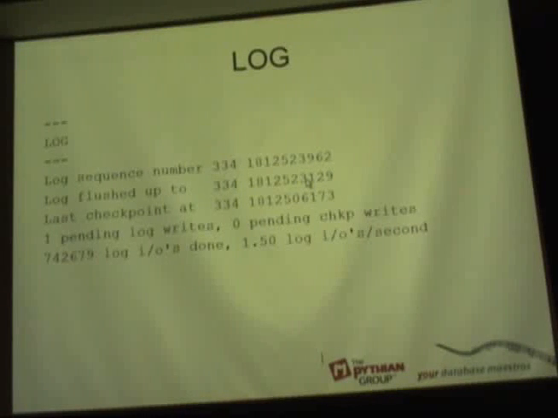Sometimes it can take a long time to shut down if you have to flush the logs to disk and there's 17 megs of logs to flush. This server particularly doesn't have that problem. And the last checkpoint was at 506173, so the last checkpoint was actually 16 and a half kilobytes ago. I did the math.